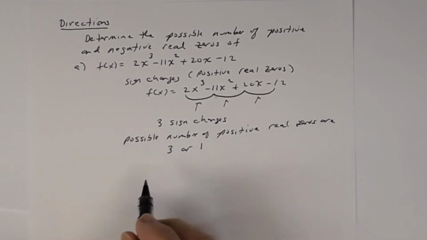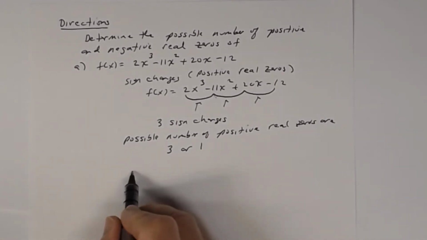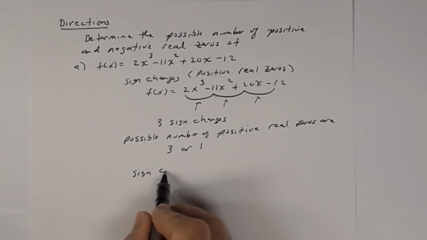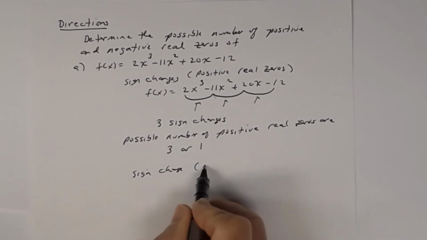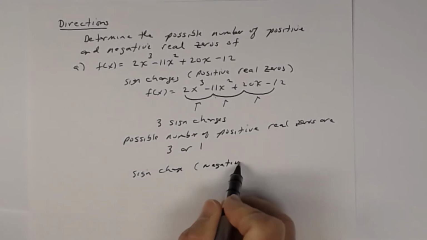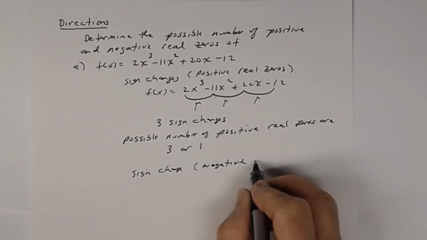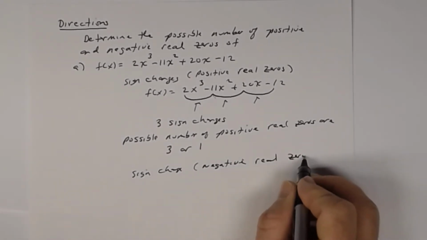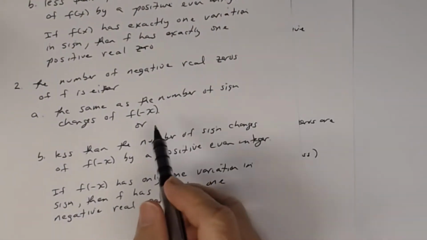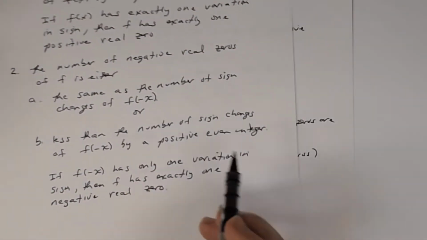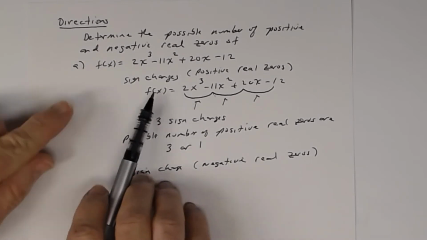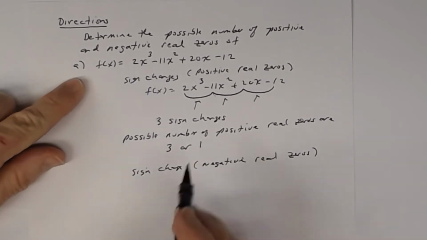Okay? Now let's talk about the negative. So sign changes for the negative real zeros. Okay, now this is where you're going to look at f of negative x. All right, so listen carefully. So remember, this is f of x, right? So let's find f of negative x.